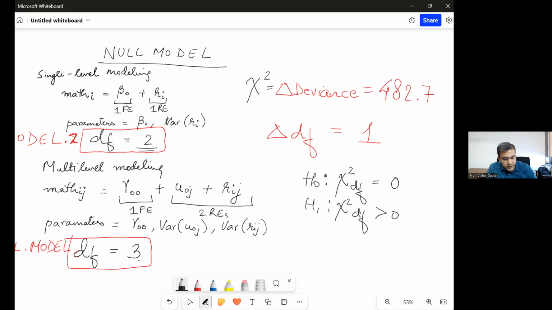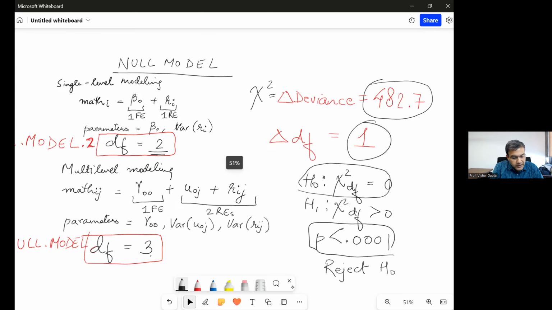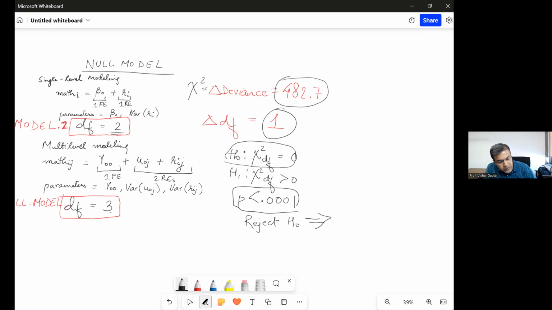For this chi-square at 1 degree of freedom, we have found that P is highly significant. So we reject our H naught that chi-square is 0. It is significantly different from 0. And therefore, what do we conclude? That the models are significantly different.